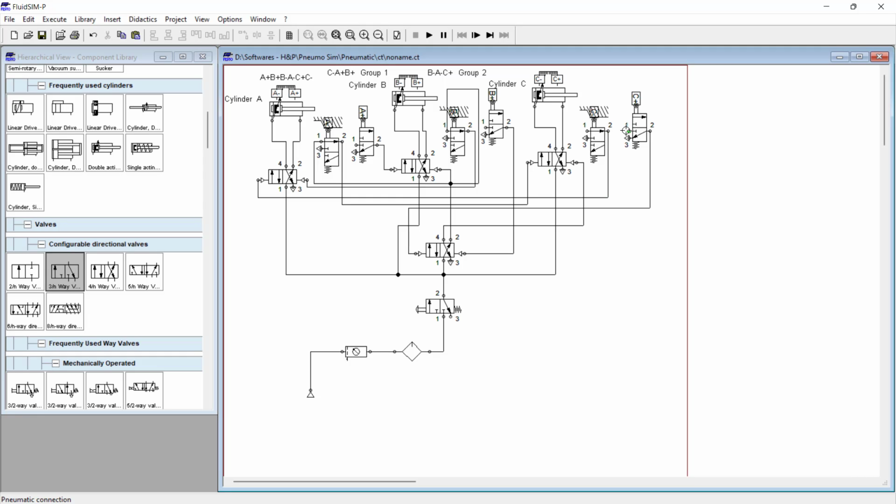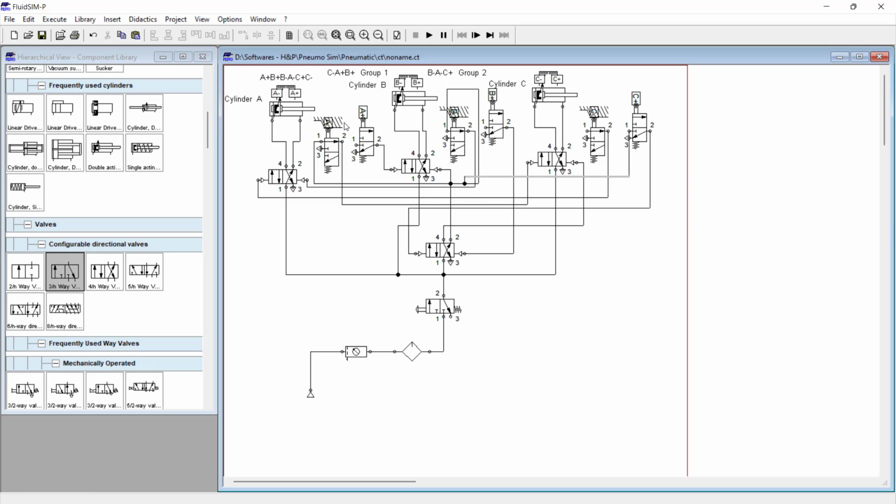So don't get confused with the power signal lines. Just track it as per the given group. So B minus receives power signal from power line 2, then A minus receives power signal from power line 2, and then C plus receives power signal from power line 2.